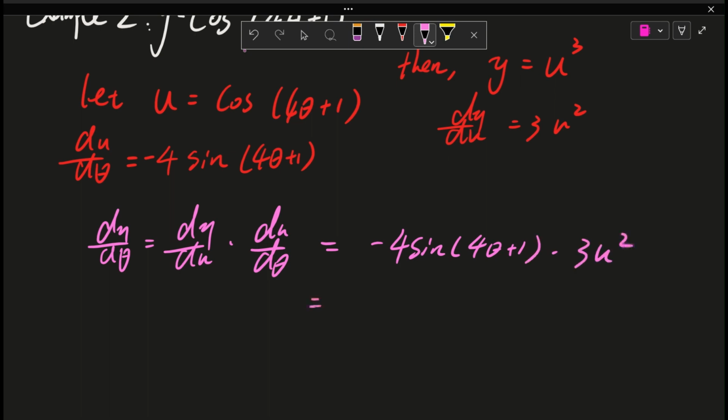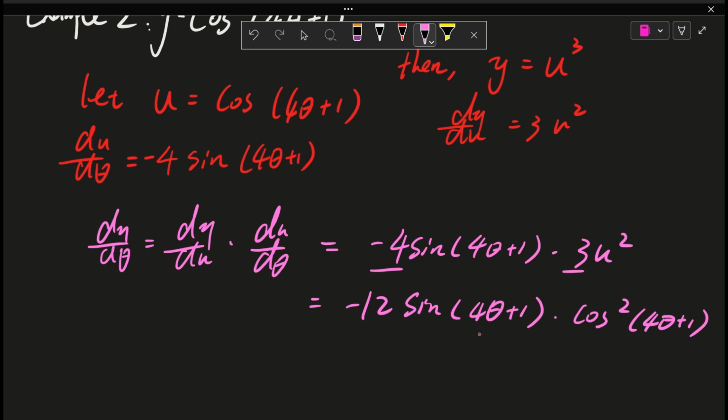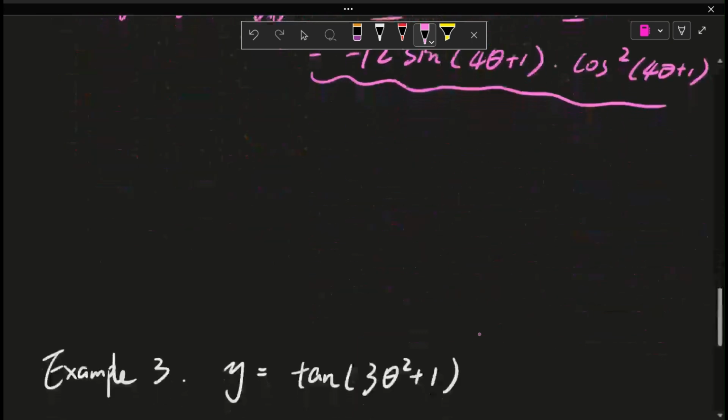That equals negative 12, because we can multiply them together, sine of 4 theta plus 1 times, what's u? That's cosine squared of 4 theta plus 1. And that is your final answer. Hopefully that makes sense.